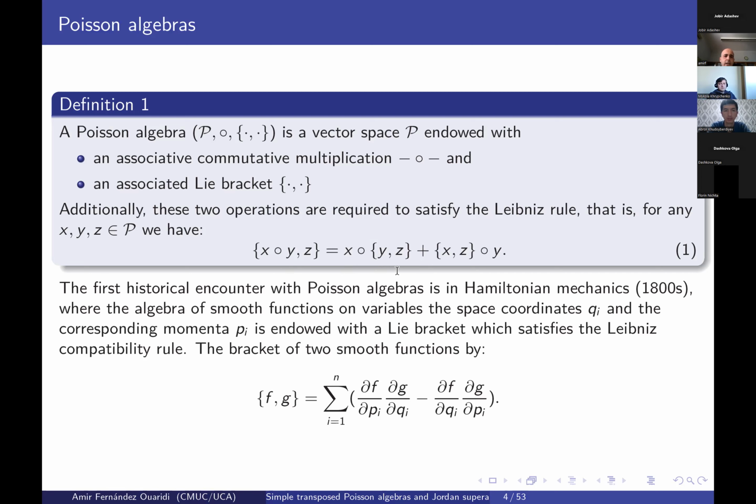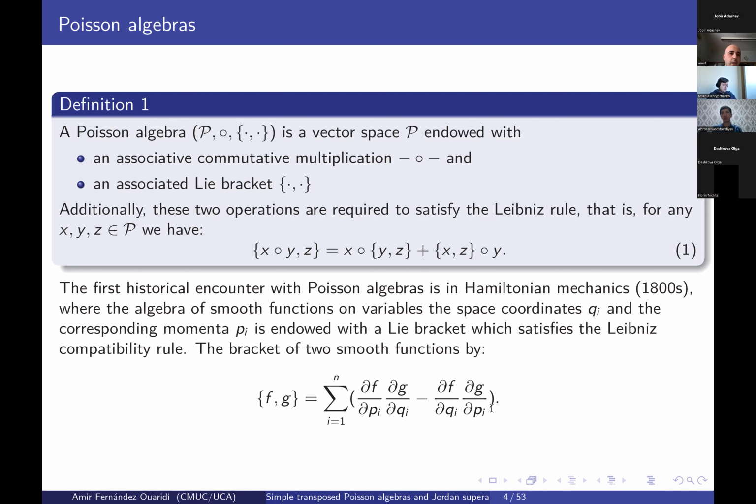The first historical encounter with Poisson algebras is in Hamiltonian mechanics in the 19th century, where the algebra of smooth functions on variables the space of coordinates and their corresponding momenta is endowed with a Lie bracket, which satisfies the Leibniz compatibility rule. And this bracket is given by this sum here.